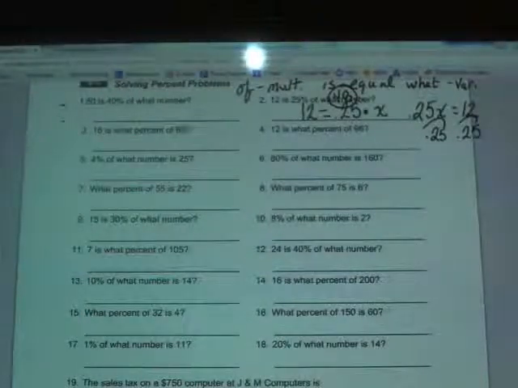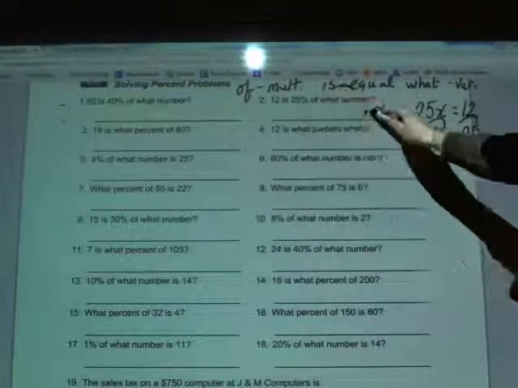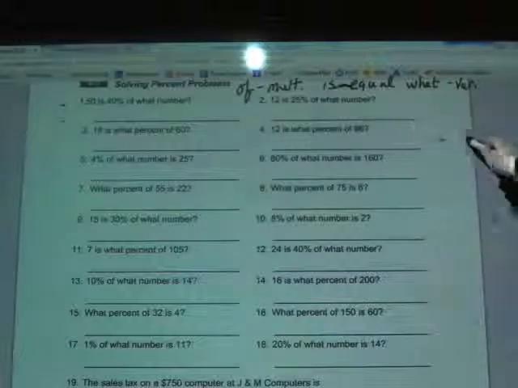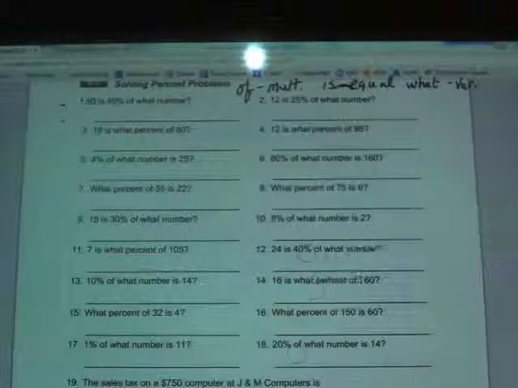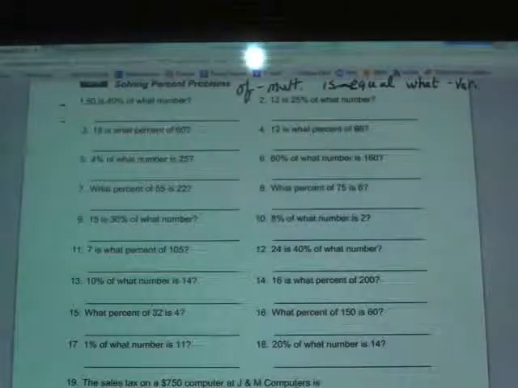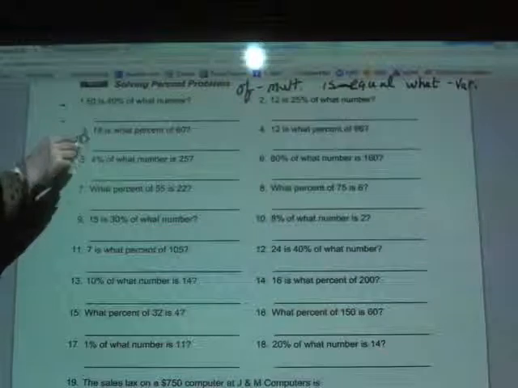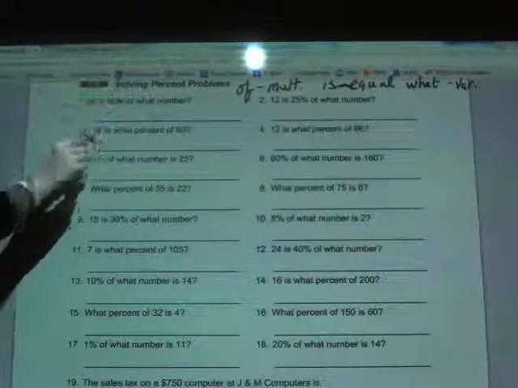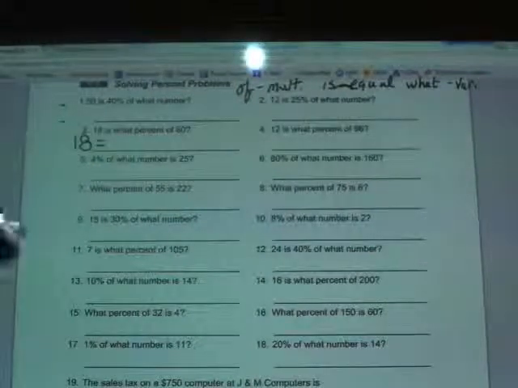Question number 3 is saying 18 is what percent of 60? All right, so we'll go ahead and start translating that. The first thing we have there is 18. Well, 18 is just going to translate as 18. Then we've got is, remember from our introduction, means equals. What percent is next?